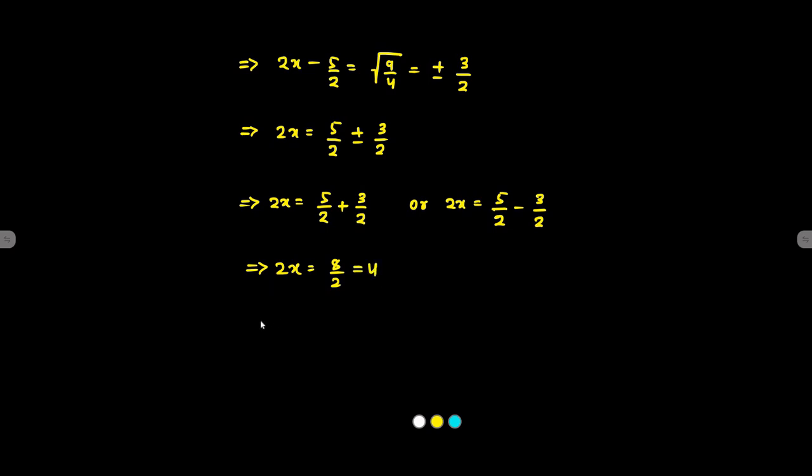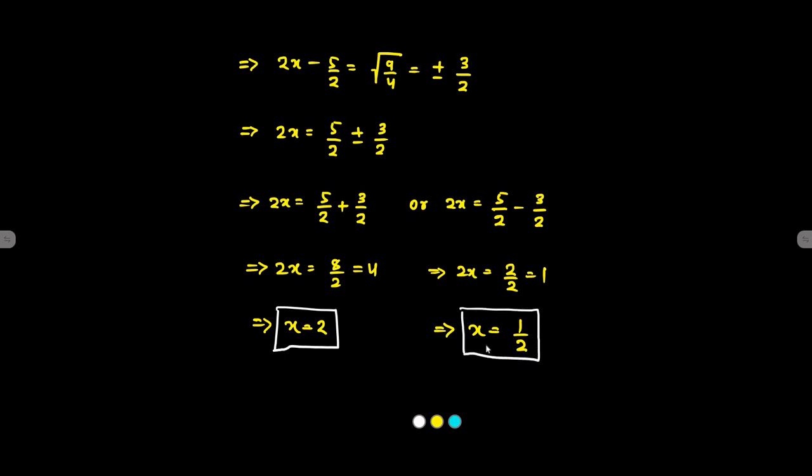That implies x is equal to 2. Or 2x is equal to 2/2, which is equal to 1. That implies x is equal to 1/2. So these are the two possible solutions of the above quadratic equation: x is equal to 1/2 or x is equal to 2.